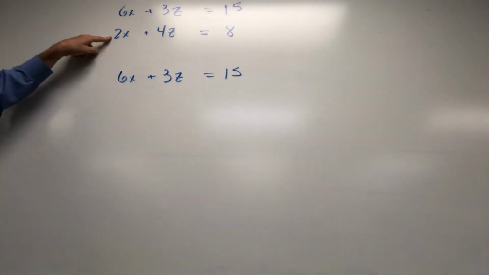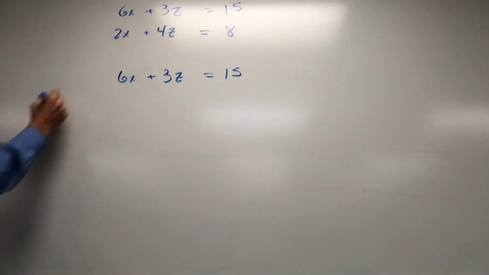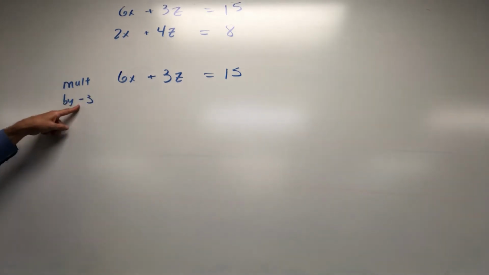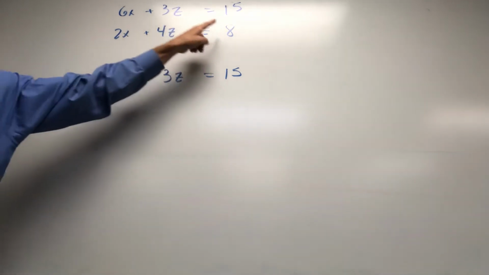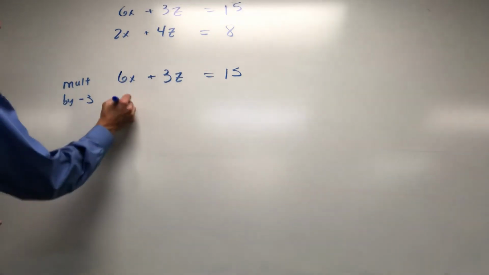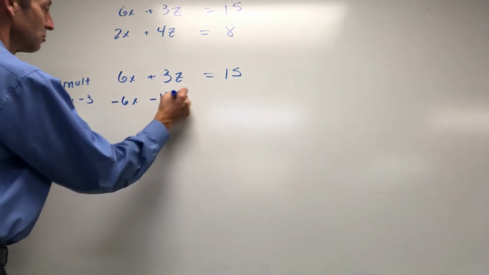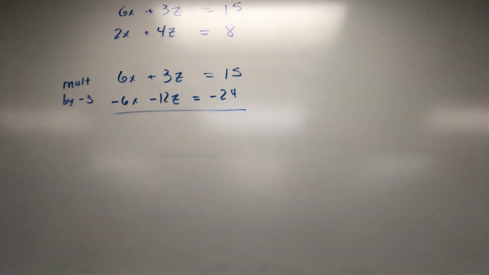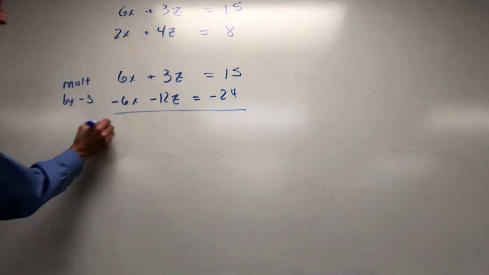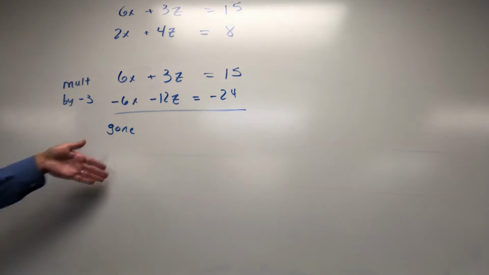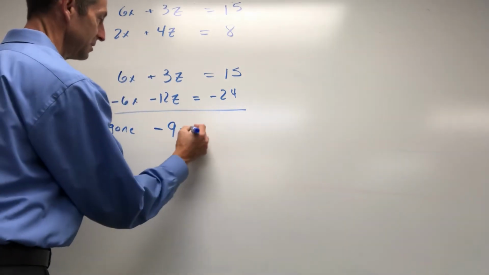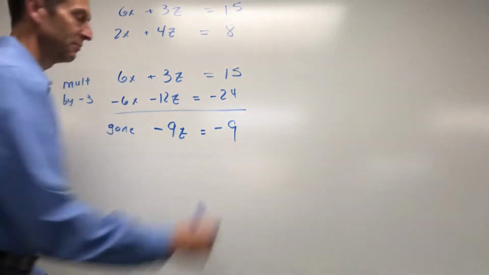We're going to take the bottom equation and multiply it by negative 3. So negative 3 times 2x, times 4z, times 8 becomes negative 6x, negative 12z, negative 24. All the way across, multiply by negative 3. We add these down and poof, the x's are gone. That's what we want. We've got negative 9z equals negative 9.